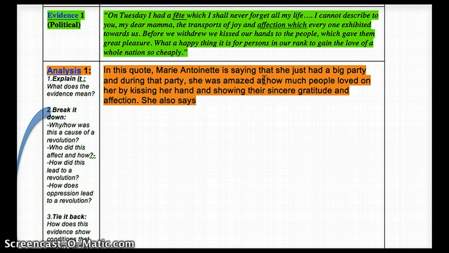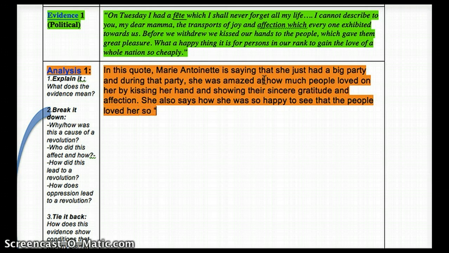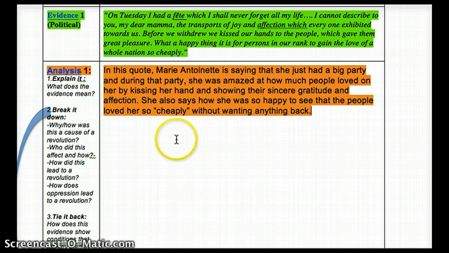She also says how she was so happy to see that the people loved her so cheaply without wanting anything back. So this is generally what she's trying to say here. In the explain it part, you literally just explain. Usually it's one sentence. Here I did 2. That's fine.